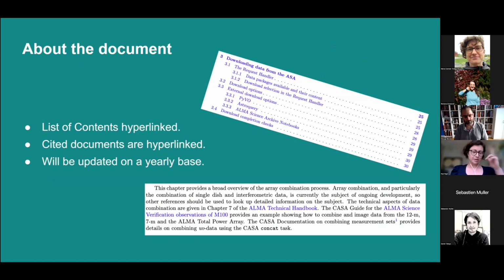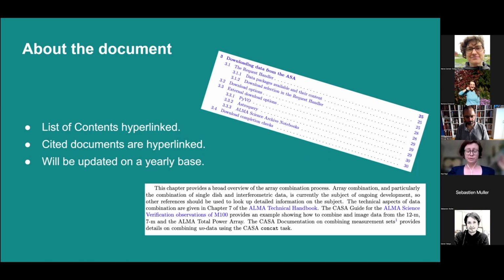About the document. This document was made with the contributions of 18 people from across the ALMA collaboration. To make this document easy to use, and as I said, chapter-wise, because each chapter is representing a step in the chain of using archival data, all the sections and the chapters are hyperlinks in the table of contents.